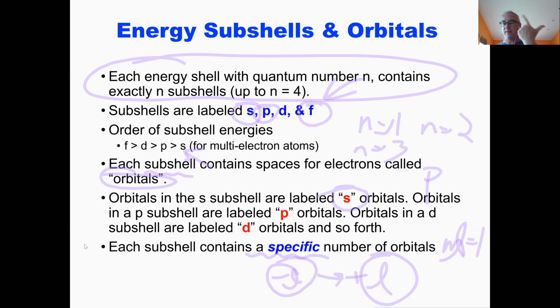S is 0, P is 1, D is 2, and F is 3. And so if I have a P subshell, how many orbitals does it have? Well, its number is 1, and so it goes from minus 1 to 0 to plus 1. How many is that? 1, 2, 3. It's 3 orbitals. Okay, and we're going to use this over and over again to figure out where all these electrons are going.